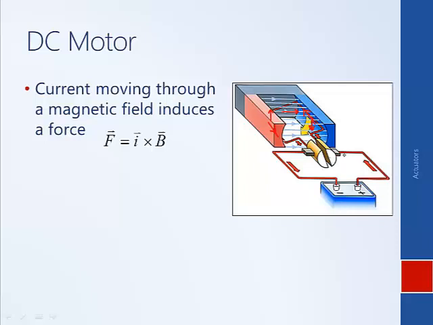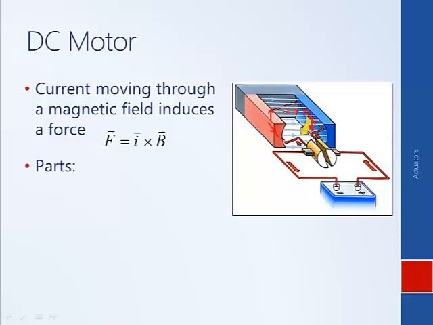So this electrical connection here between the battery and the commutator, there are little wire brushes that slide along the commutator such that you're able to get the electrical connection, but you're still able to have the coil rotate. So that's very quickly the basic idea of how a DC motor works.